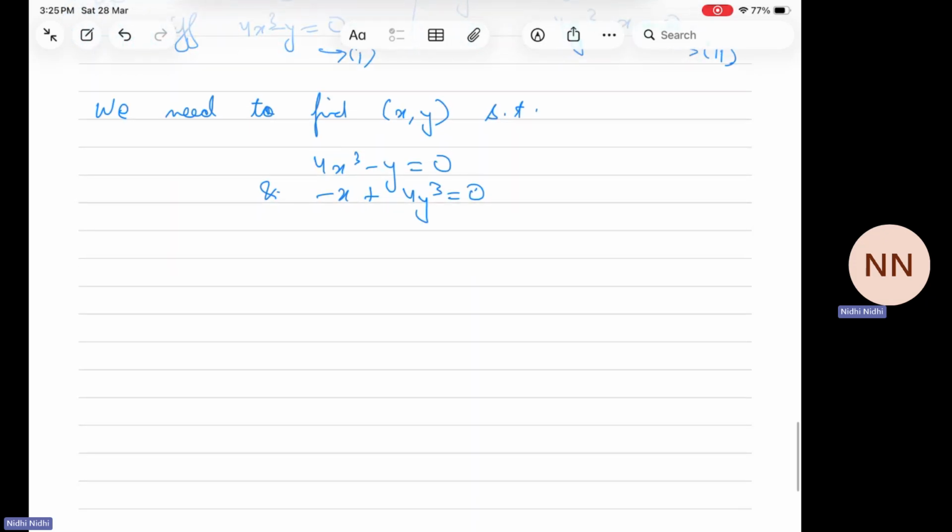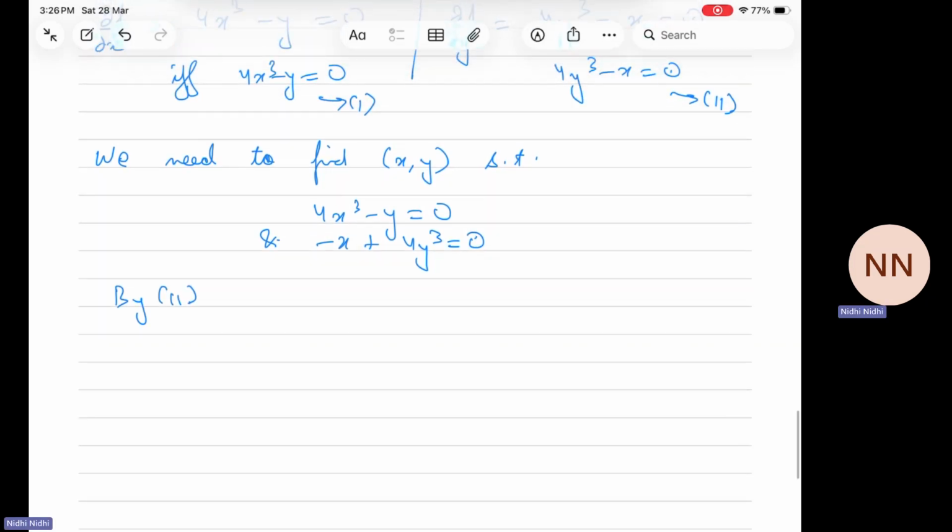By the second equation, x is equal to 4y cubed. Now using it in the first equation, we get 4 times (4y cubed) cubed minus y equals 0.